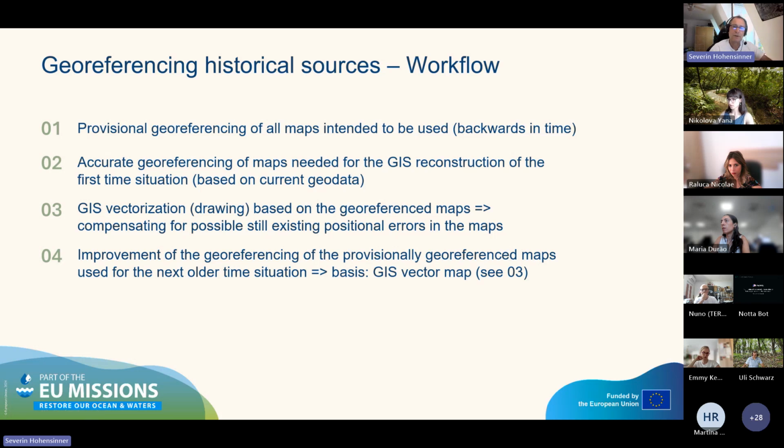First, we georeference all maps quick and dirty, and then step by step we can refine the georeferencing for each time situation. Then we start with the next drawing, the next GIS map of the next older time situation.